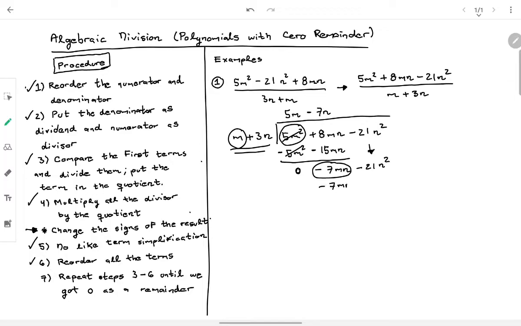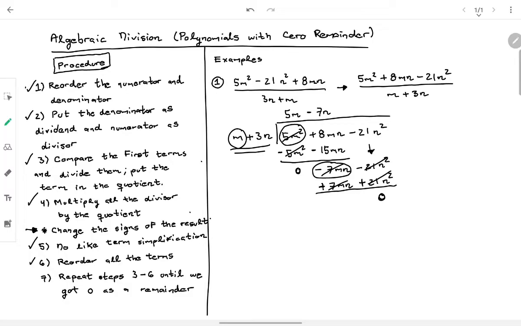Remember, we need to change the sign, so it will be plus 7mn. The other one is minus 7 multiplied by 3, which is minus 21, and n times n is n squared. Remember, we need to change the sign, so they're all the same, and we will get 0 as a remainder.